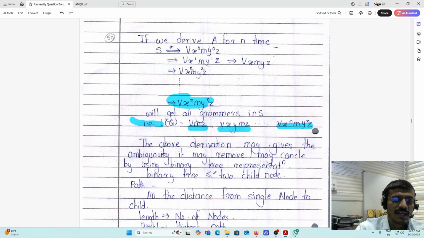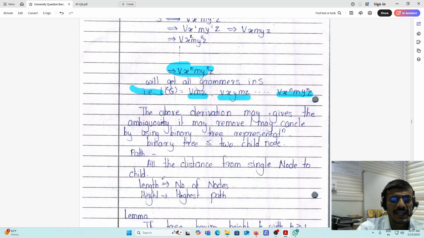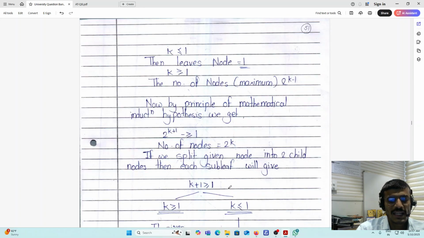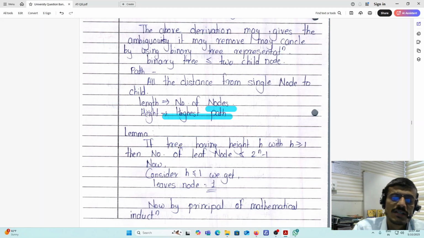A binary tree has less than or equal to two child nodes. The distance from a single node to a child, the length, the number of nodes, is the height of the path. What the lemma says is that if the tree has height h with h greater than or equal to 1, then the number of leaf nodes is less than or equal to 2 raised to h minus 1.